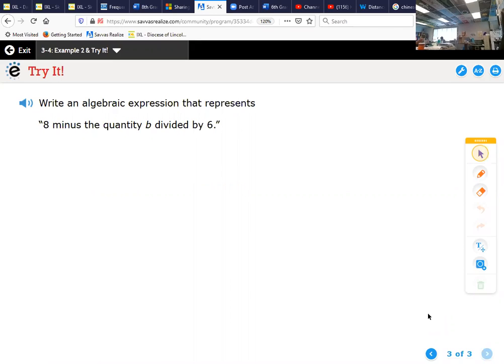Go ahead and try writing an expression that represents that statement. 8 minus the quantity b divided by 6. There are two ways you could write it, but I bet most of you will write it one specific way.